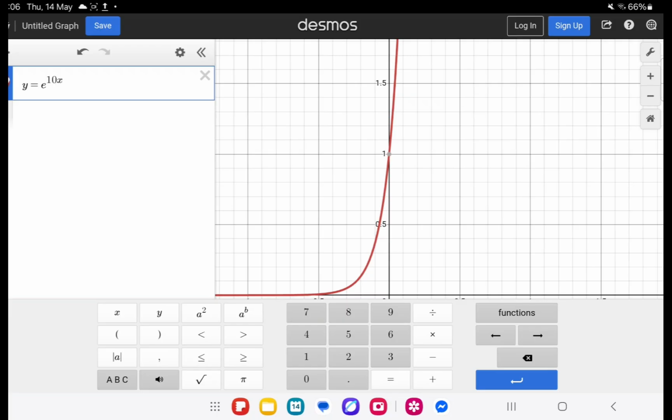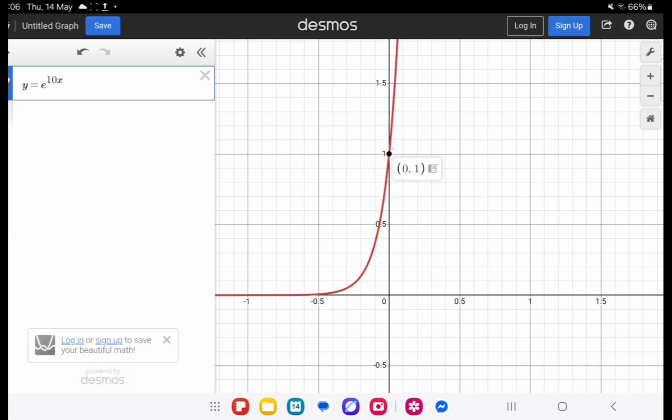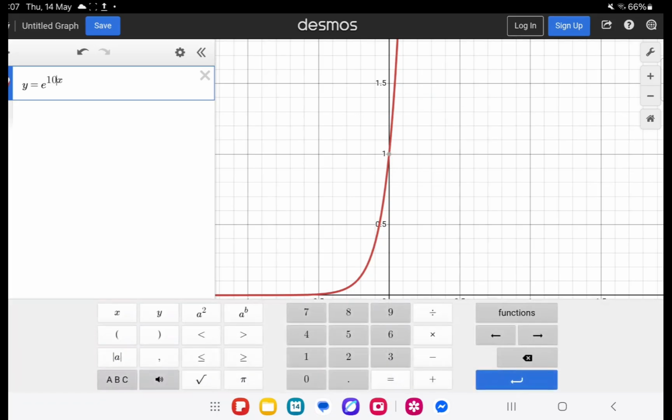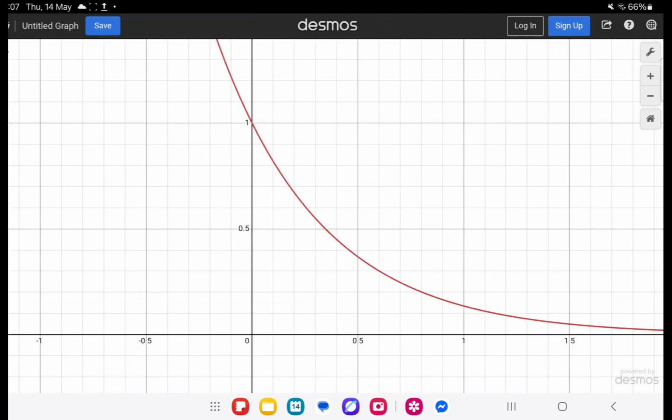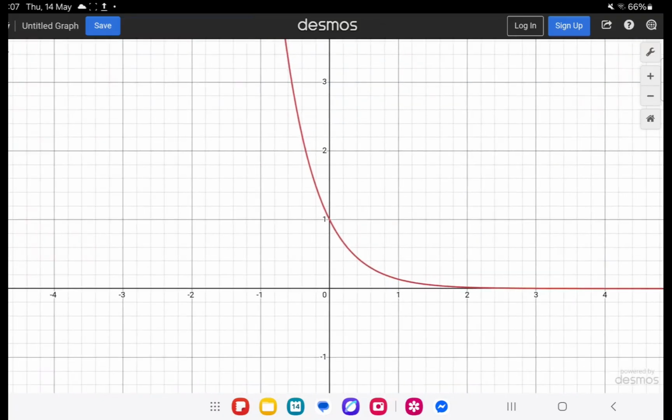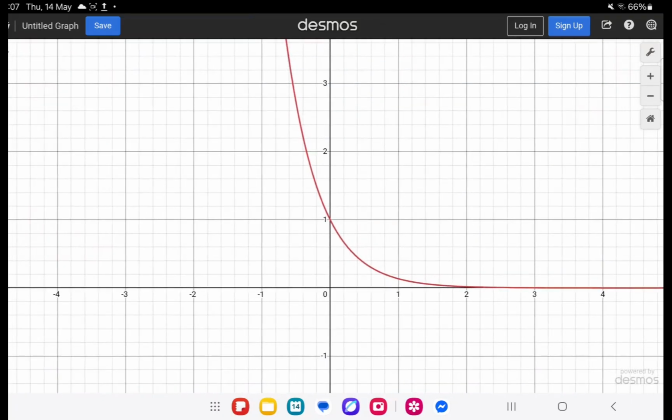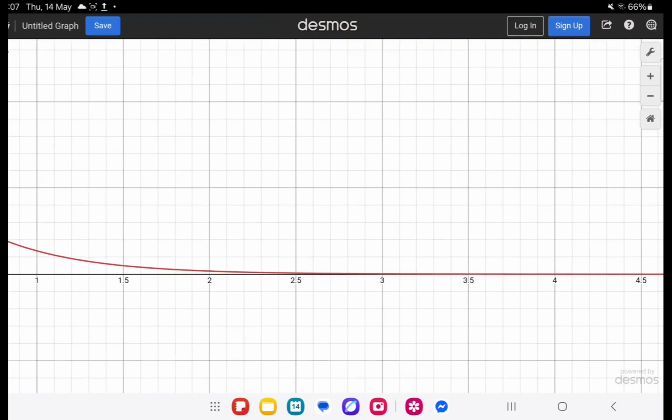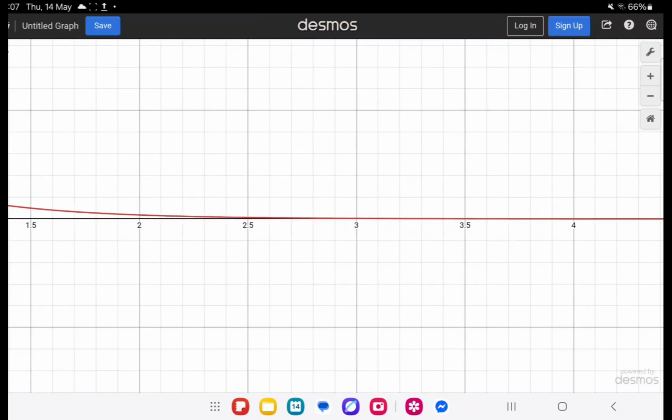And when x is negative, it's less than 1. What happens when the coefficient is negative, say -2? As you can see, it is just flipped, but still it does not touch the x-axis.